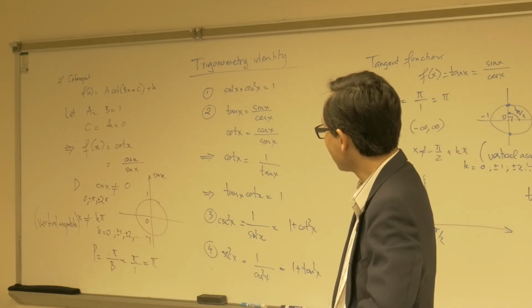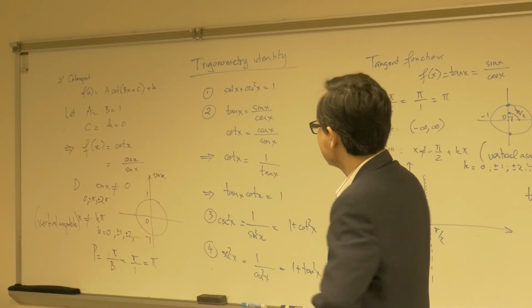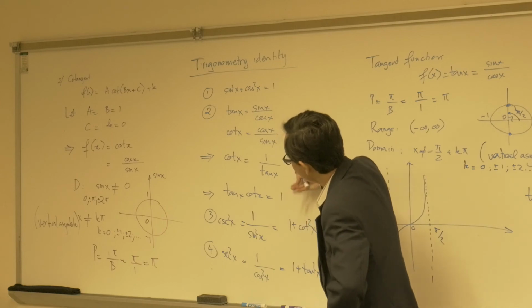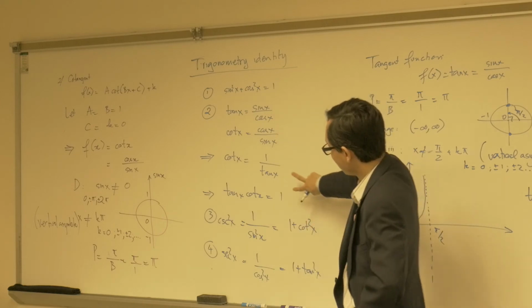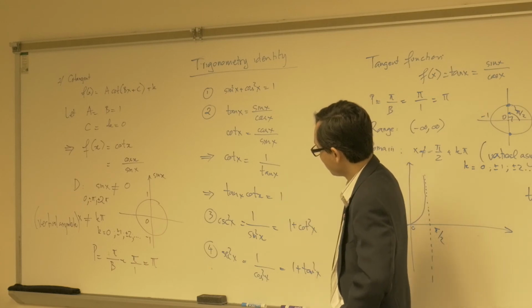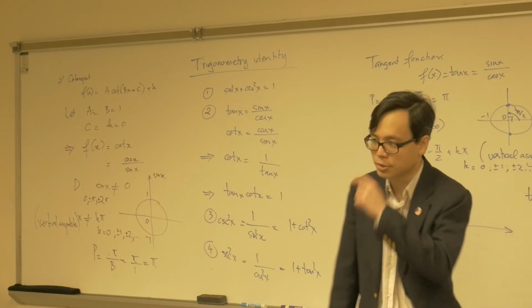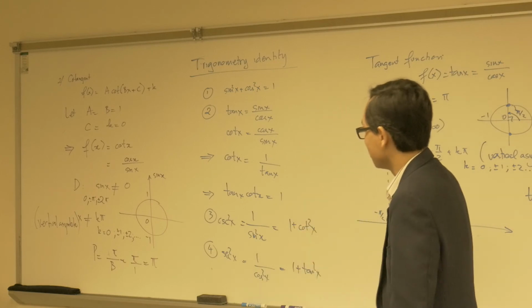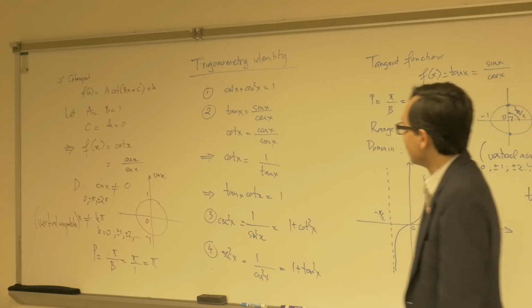So I want you to memorize 1, 2, 3, 4, and maybe these two also, the properties here, so that when you verify or simplify trigonometry expressions, you can do it faster.